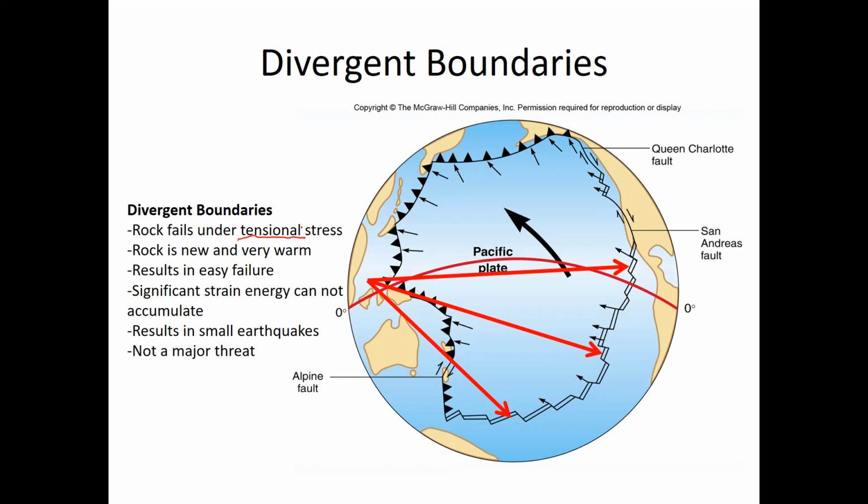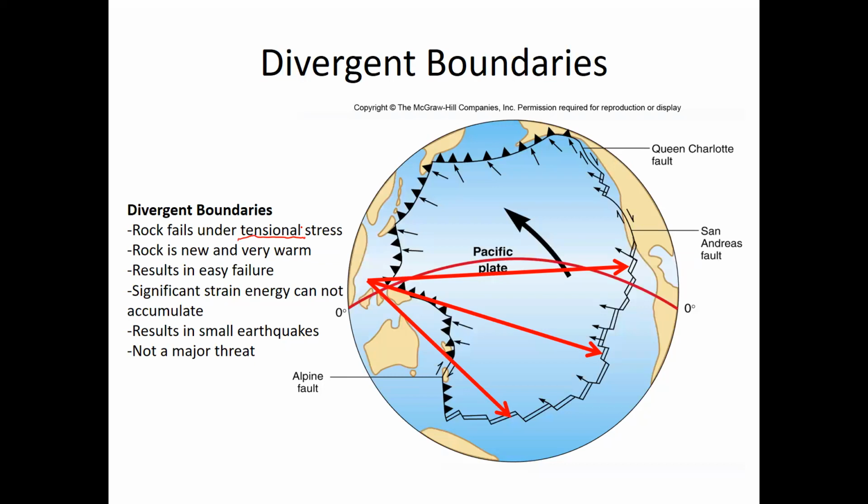So the rock is young, it just formed, it's fairly warm, and it's being pulled apart. And because it's warm and just formed, it's fairly weak. And so it fails with minimal stress compared to other rock.